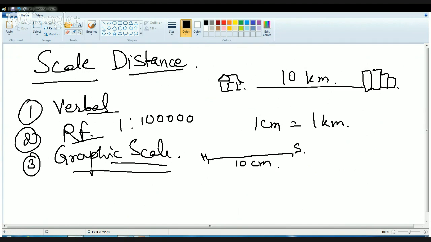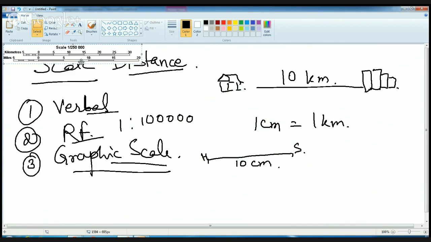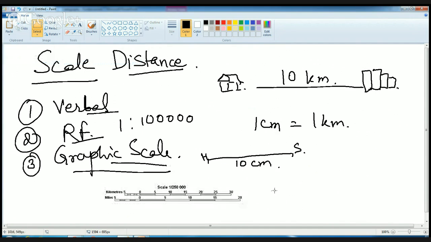And what would be the graphical scale? A graphical scale is any scale which we draw in this form. This is a scale with different dimensions, but just to make clear what we mean by a graphical scale, for example, this is 1 centimeter. So 1 centimeter here is equal to 5 kilometers on ground.